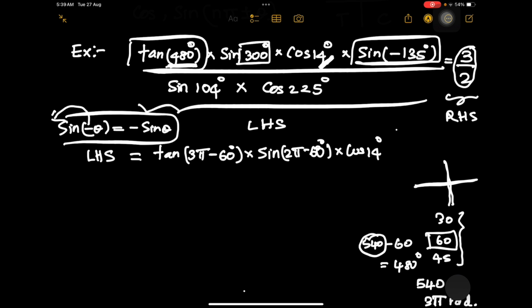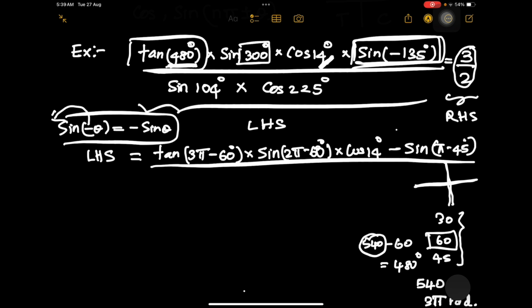So I can write this one as minus sine. What about the reference angle for 135? It's going to be 45. So pi minus 45 over sine 104. What is the reference angle for 104?